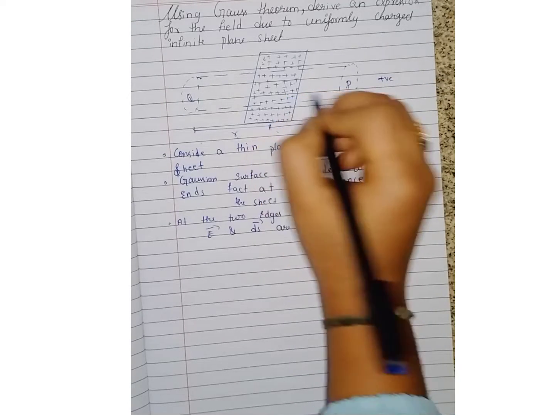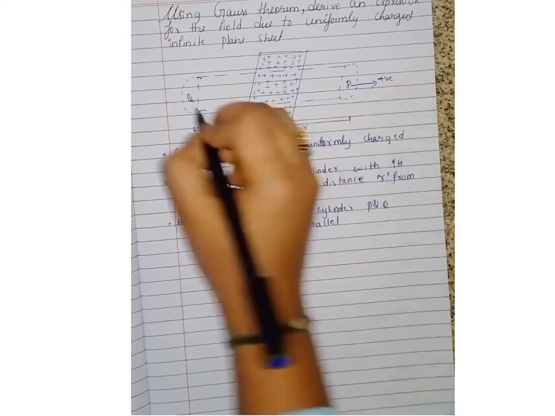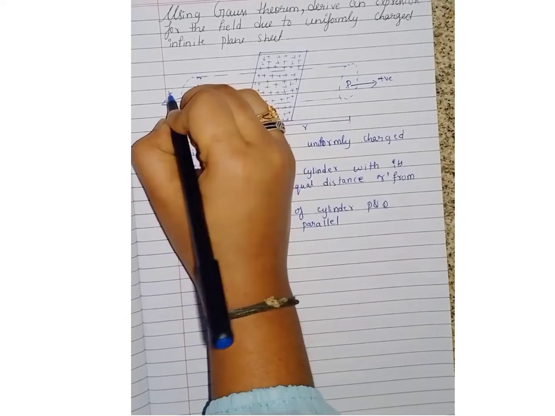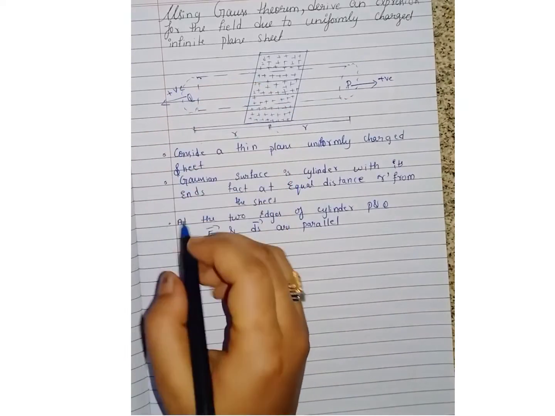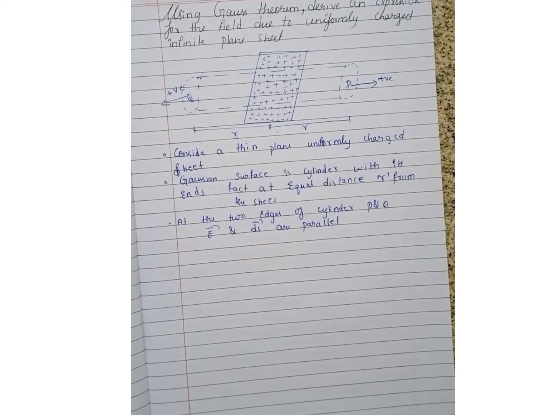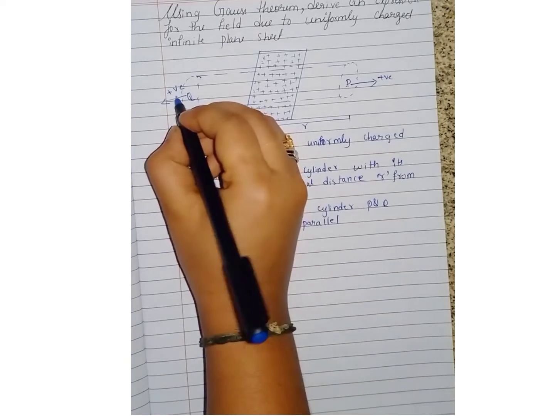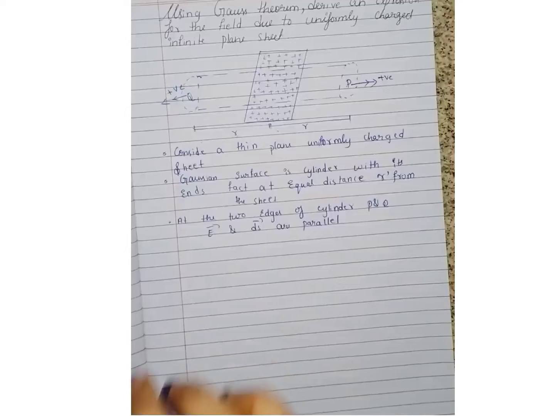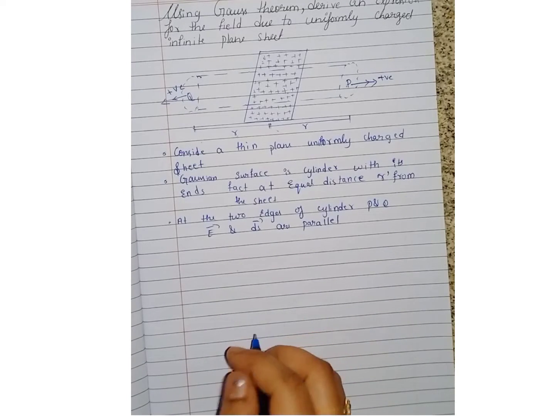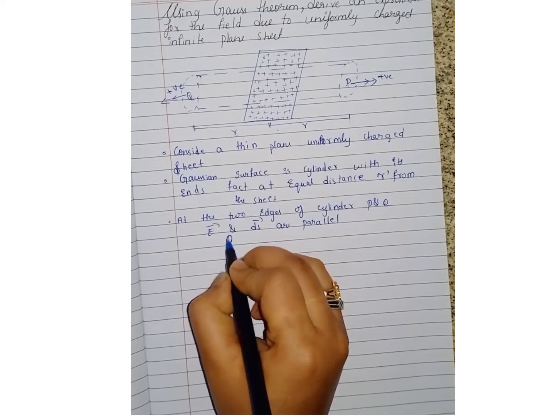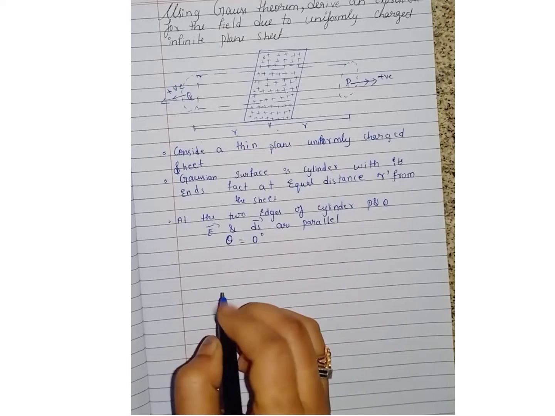This is the positive charge, so the electric field is outward. And ds is also in the same direction, normal. So they are parallel to each other. Therefore, the angle made between them is 0 degree.